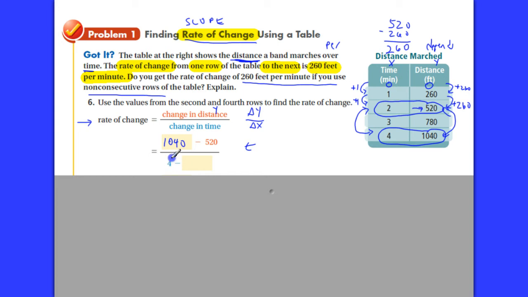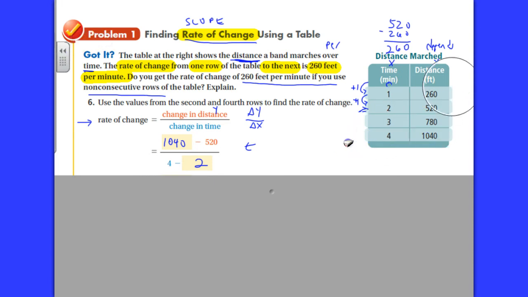And this 4 minus 2, that is from this one right here. What we're trying to figure out is if I subtract these two numbers and these two numbers, will I get the same rate as 260? Let me clean it up and clarify that one more time for you and see if it hopefully makes some sense to you.